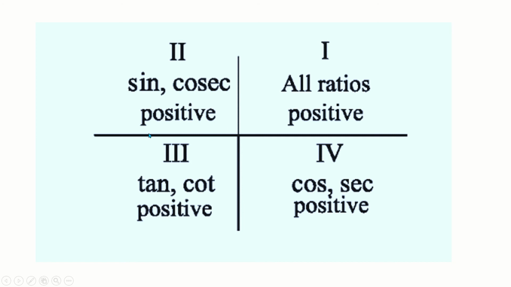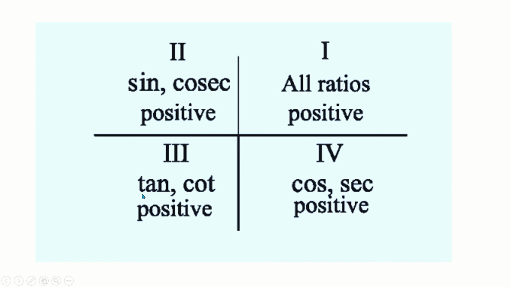As base is negative, the base-related ratios will be negative, and for sine and cosec, perpendicular and hypotenuse are positive, so sine and cosec are positive.